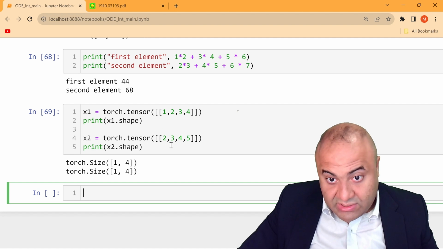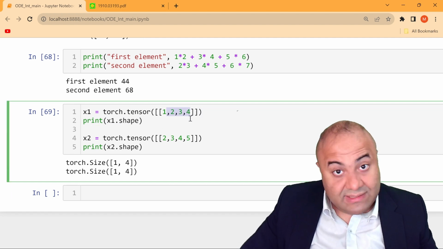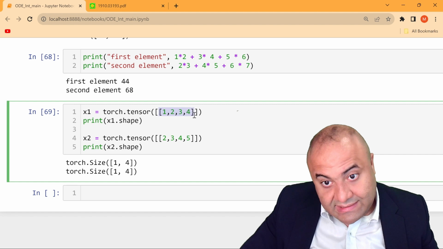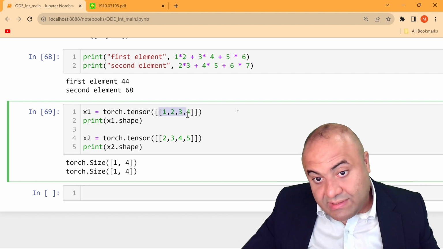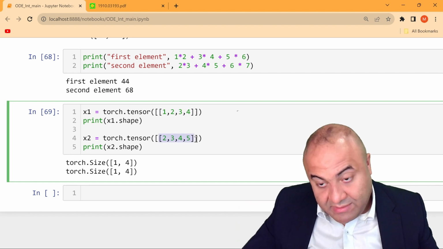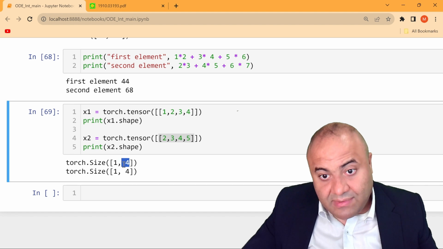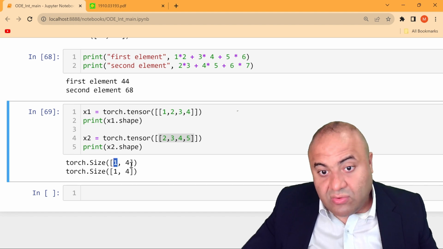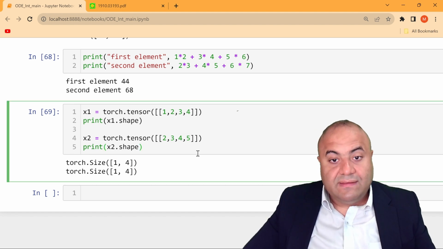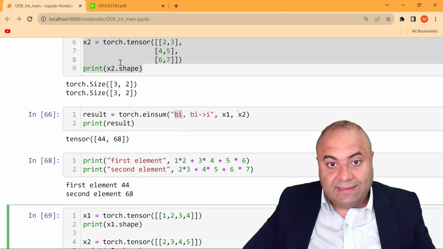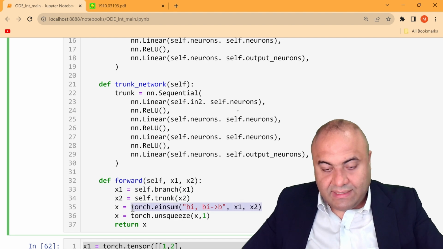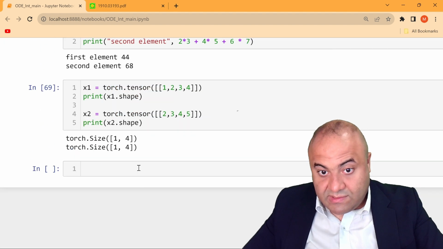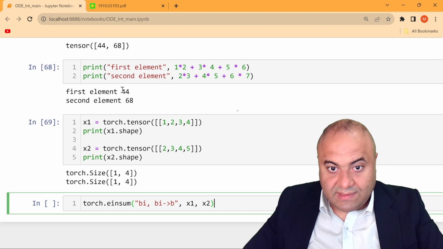Now, what is the location? Now you say this is one dimension. It's not one dimension because it has these two parentheses. So this is why it is not one dimensional. It's one row, 4 columns, and we apply exactly this, and we just call it results, the same as here.